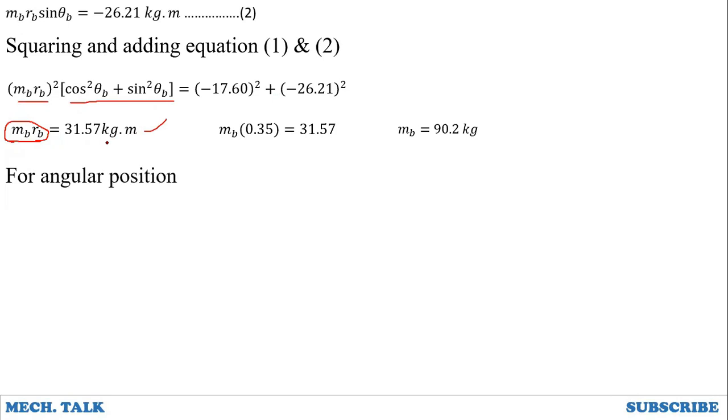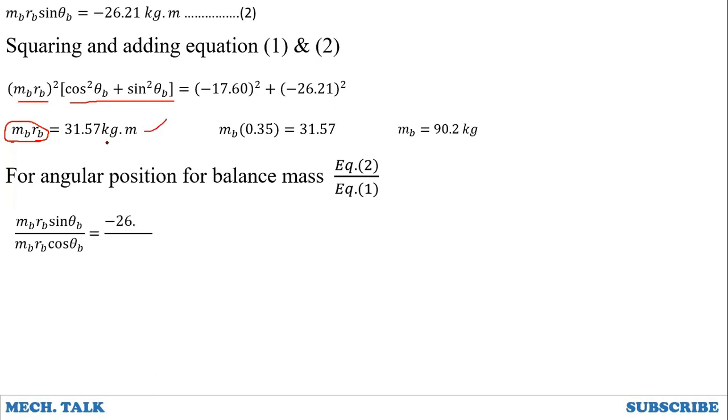So for the angular position of the balance mass, we take equation 2 divided by equation 1, and we have mb rb sin theta b divided by mb rb cos theta b equals minus 26.21 divided by minus 17.60. From here mb rb will cancel out and we will have tan theta b equals 1.4892, and theta b is equal to 56.11 degrees.